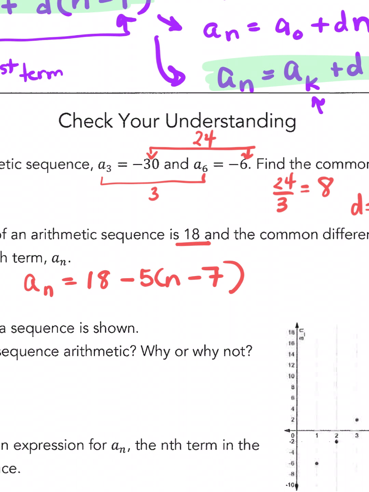Did you get it? Do you see where each piece came from? This is the 7th term, isn't it? This is A sub 7. This is my d. And this is my 7th term, right? Whatever this is goes there.